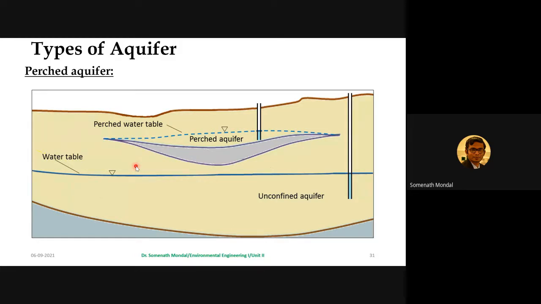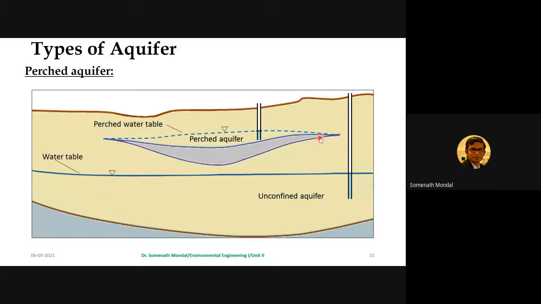In that particular layer, you can see the shape which I have shown over here, if we have such a formation which is impermeable, or which is made up of aquiclude formation, then because of the percolation of the water, there might be water accumulation at the top of that particular layer. Now, since this is isolated, separated from the original water table and original unconfined aquifer, this is called a perched aquifer.